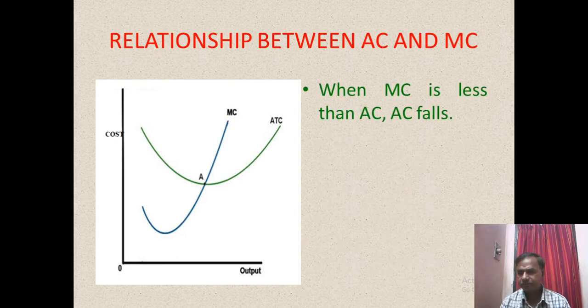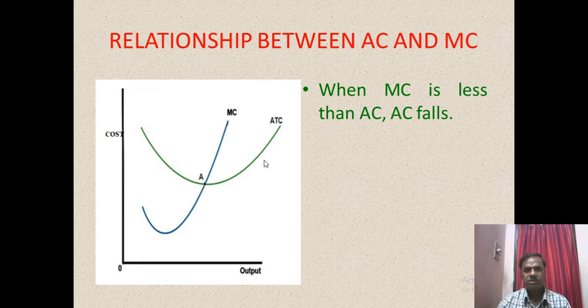You see here, this green color is AC or ATC, and this blue color is MC. When MC is less than AC, or when MC is below AC, AC falls.